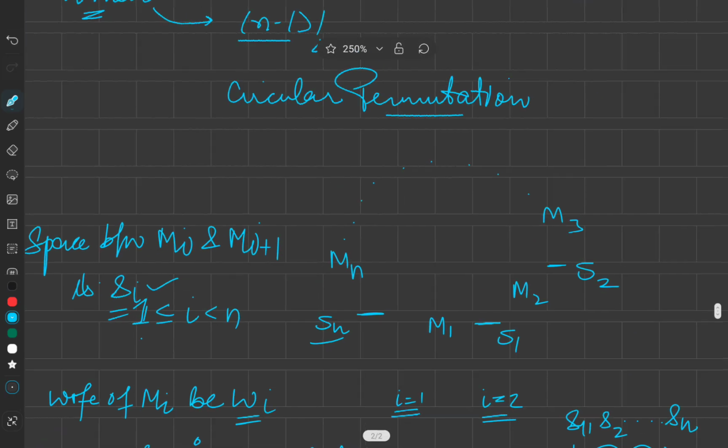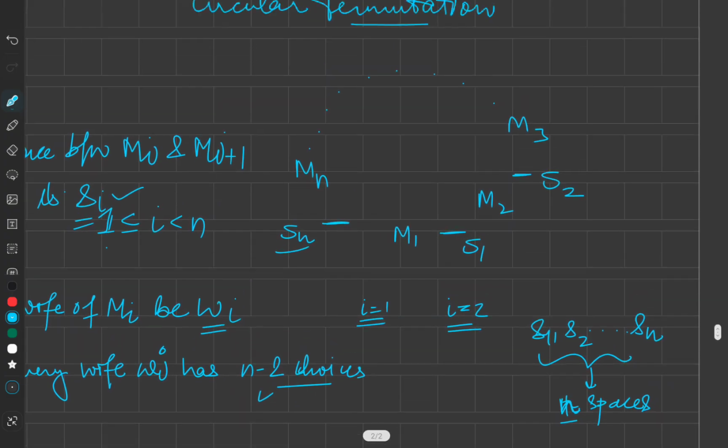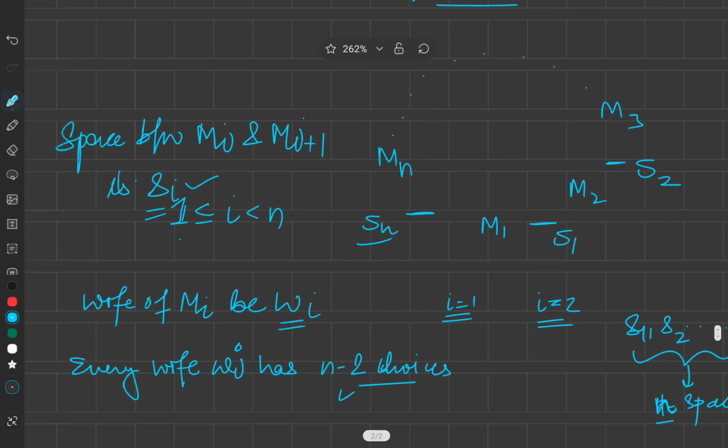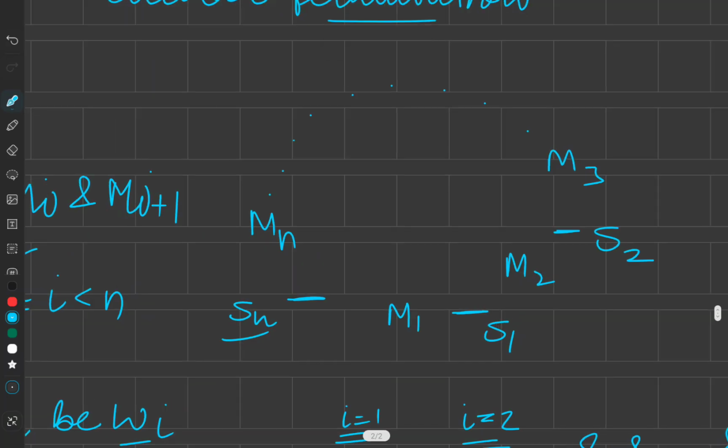Let's see what has to be done next. What if we first talk about the total cases? What would be the total cases for the arrangement of the wives without the restriction of not sitting with the husband? You cannot apply another circular permutation here, because this has nothing to do with rotation, since s1 is now specified as the space between m1 and m2.